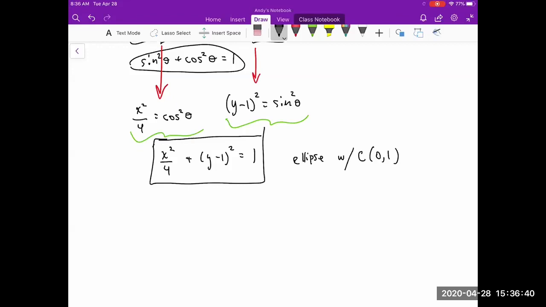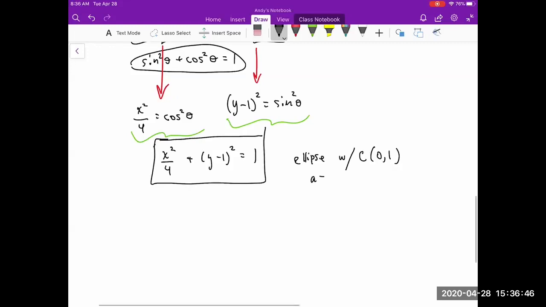And I guess the a value is 2 because it's what's under x, the square root of that number. So since 4 is under x, the a value is the square root of 4, which is 2. And it's horizontal because the larger denominator is under x. So it's horizontal. So if you actually graph this, you get this image here.